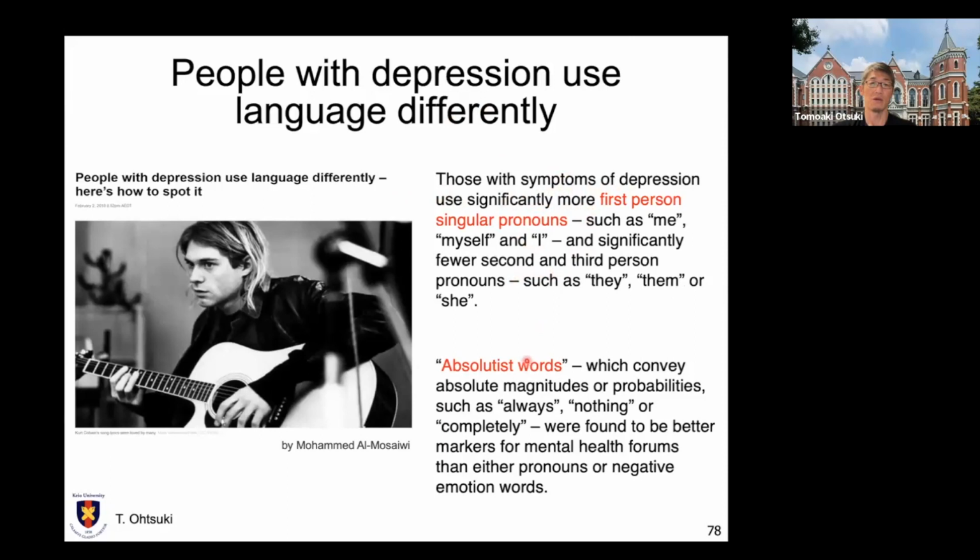And also some other absolutist words, such as always, nothing, or completely. That means that if we look at the use of language, there is a possibility that we can detect a person's mental illness.